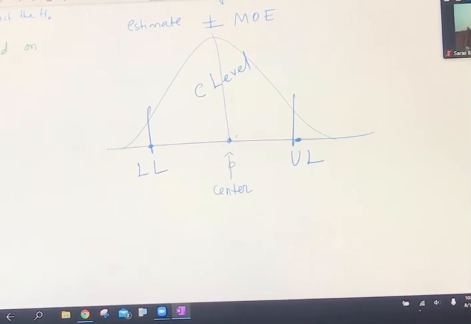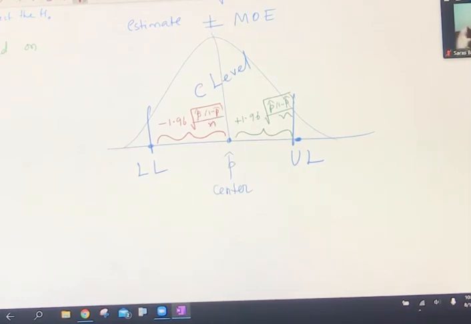So what is the margin of error? If my C level is going to be 95%, then it's going to be plus 1.96 times square root of p hat 1 minus p hat over n. So 1.96 standard deviations above the center, and then below the center is going to give me my lower limit, which is 1.96 times square root of p hat 1 minus p hat over n.